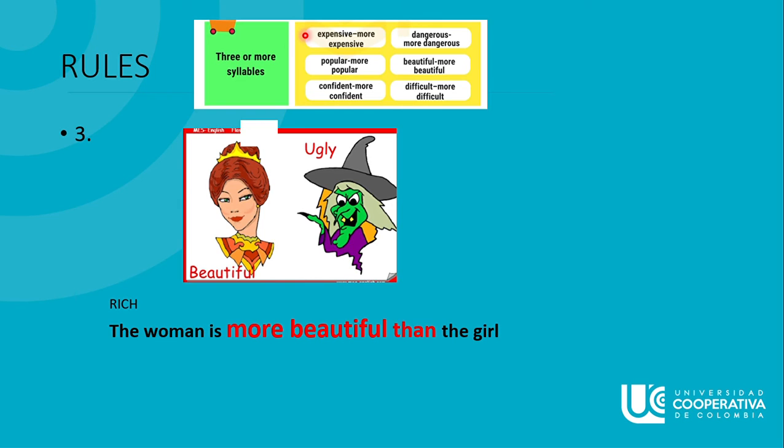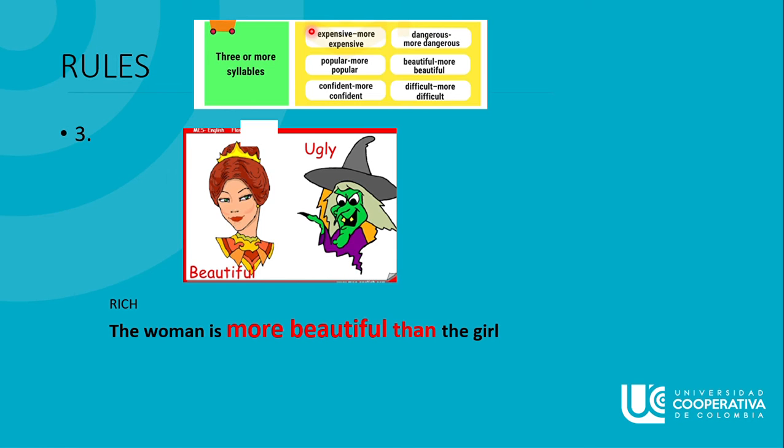A very easy way to find if an adjective has 3 or more syllables is going on the dictionary. You can look for these words in the dictionary, and sometimes dictionaries have the syllables for each adjective. It may help you to identify if it's a 1-syllable adjective, or a 3 or more syllable adjective.